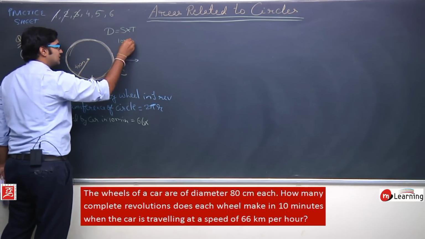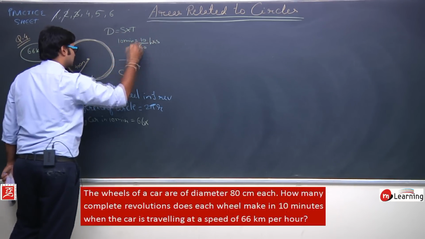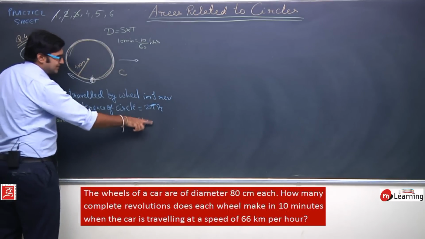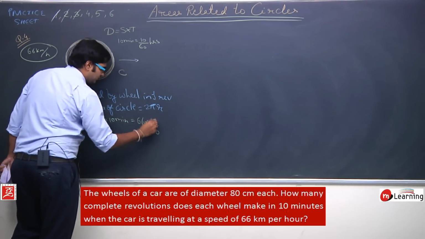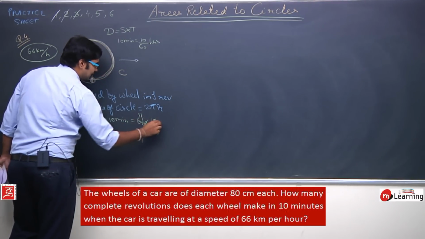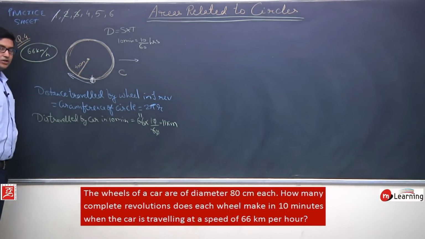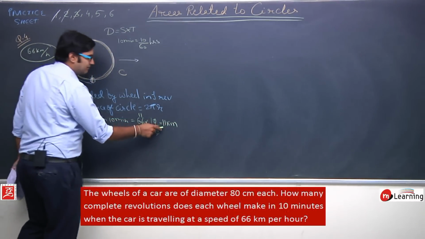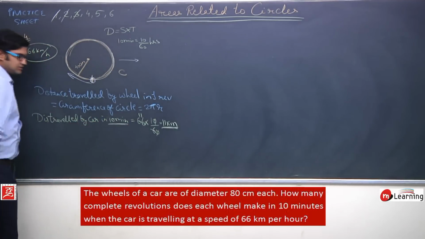Time is 10 minutes, and 10 minutes I can write as 10 upon 60 hours. So 66 into 10 upon 60. When you solve this, you will get 11 kilometers. Okay, so the car will travel 11 kilometers distance in 10 minutes.